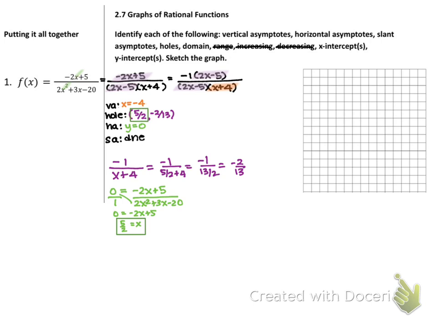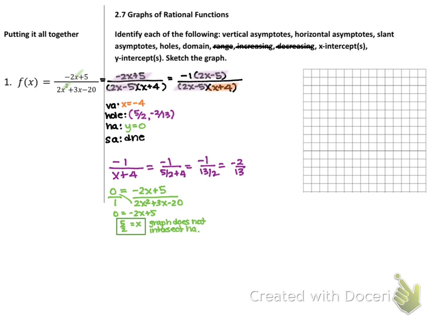It's right there. So remember, if the x answer you get when you plug in the horizontal asymptote corresponds with either the vertical asymptote or the hole, that point's already taken. That x value is already accounted for. So we will have a graph that does not intersect the horizontal asymptote.